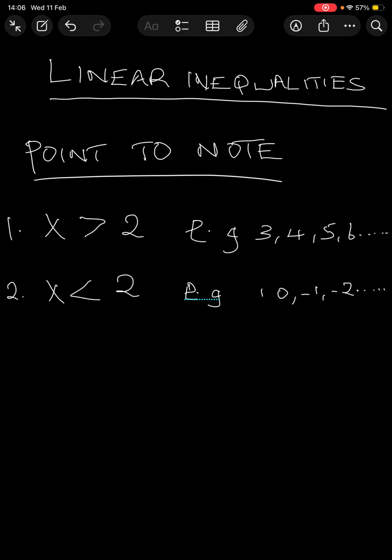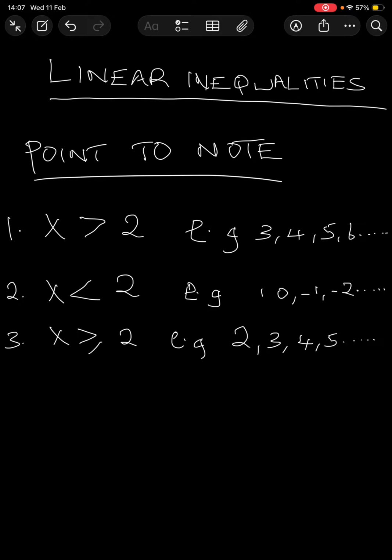Next, number 3, we have x is greater than or equal to 2. So this means that the values of x are greater than 2, and 2 is included. So e.g., we have 2, 3, 4, 5, and other numbers which are above 2.